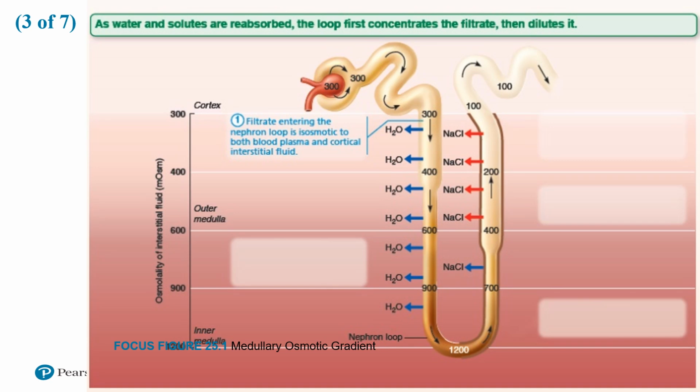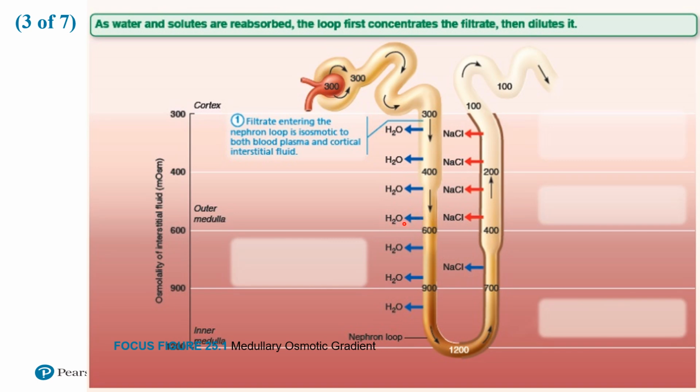Now let's see. Step number one is that the filtrate is entering the nephron loop. It is isosmotic to the blood. The blood osmolality is 300 milliosmoles, and this filtrate is 300 milliosmoles. Now it is going down the descending limb. As it is going down the descending limb, it is permeable to water.